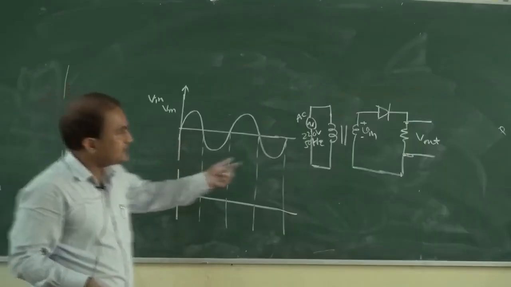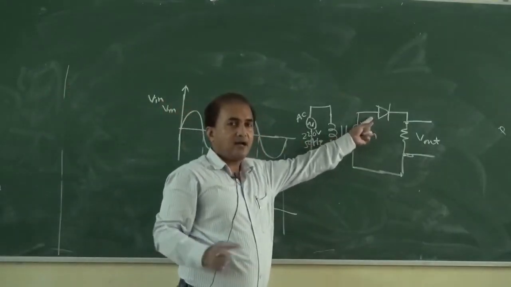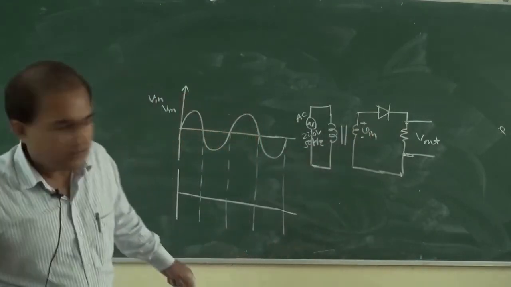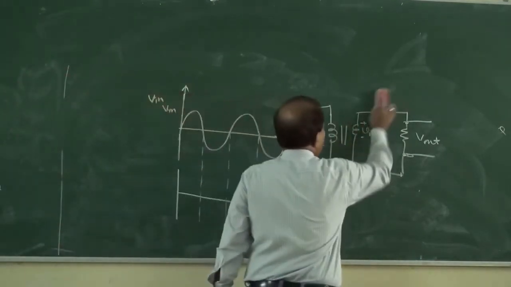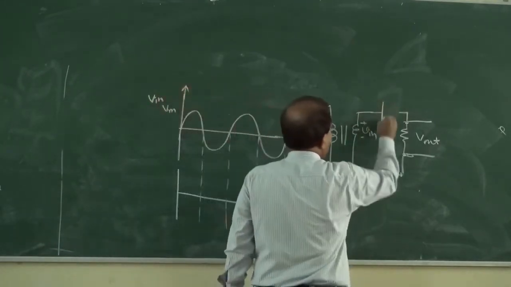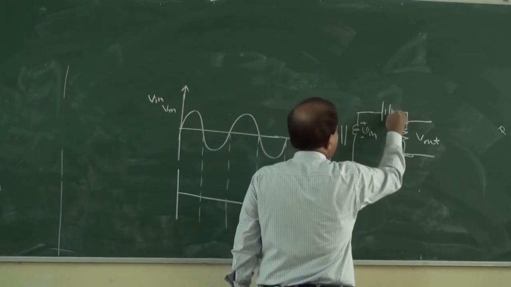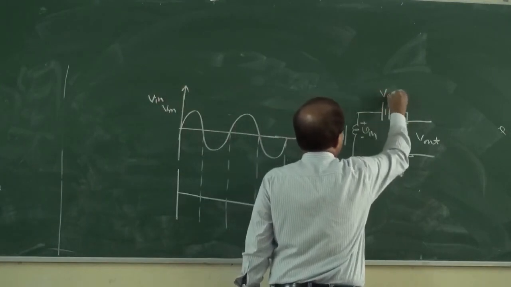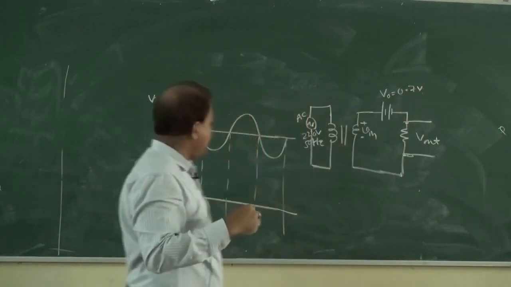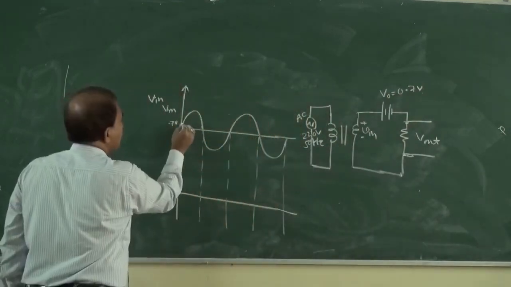We have seen this diode as an ideal diode. Now, if we consider this diode as not ideal, and replace it with a silicon diode, then for a silicon diode V0 is equal to 0.7 volt.